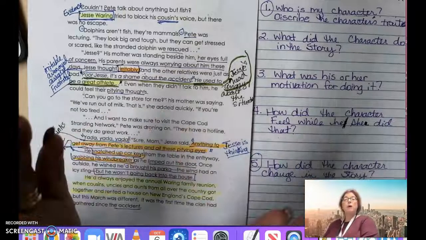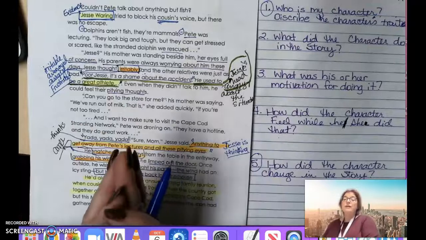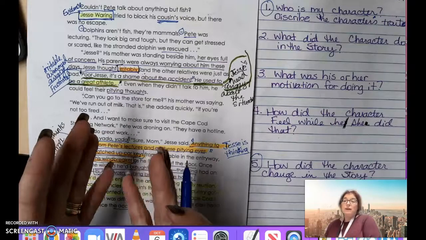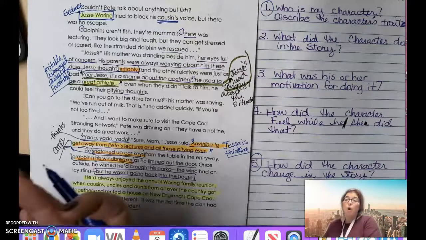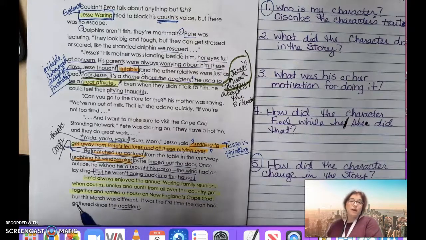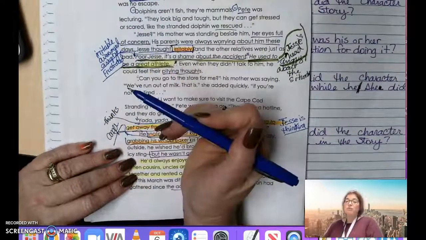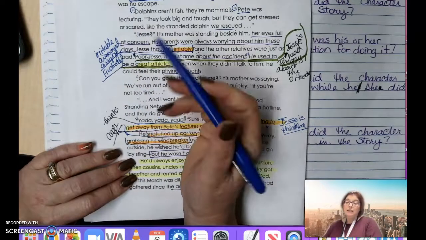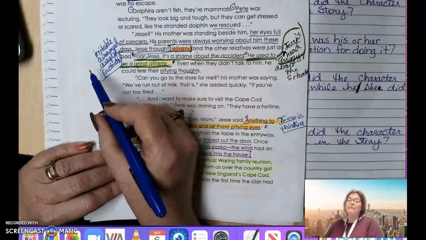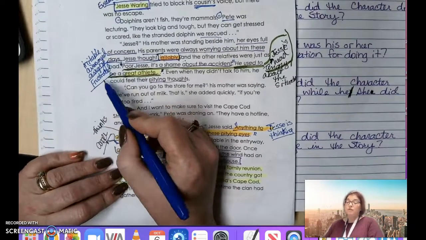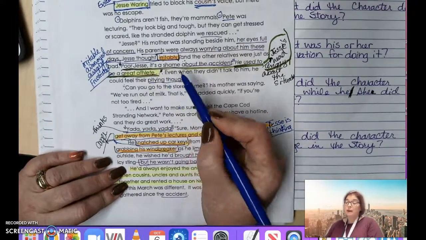I'm also going to talk about the character traits that Jesse may have already, right? These are his character traits that are built into him, that he is always a certain way, okay? All right, so I'm only asking you to probably pick 2 or 3 character traits that you've found for your character. I have found 4 in the first paragraph here.